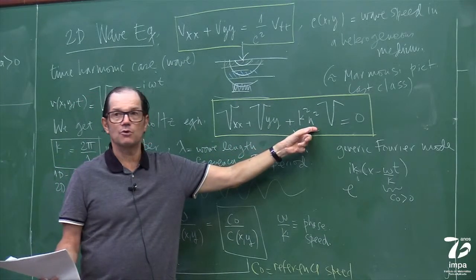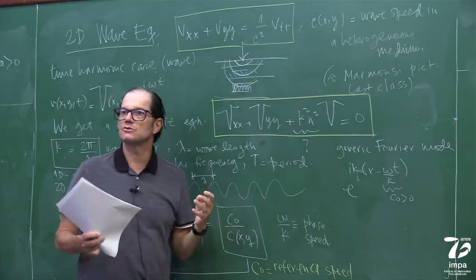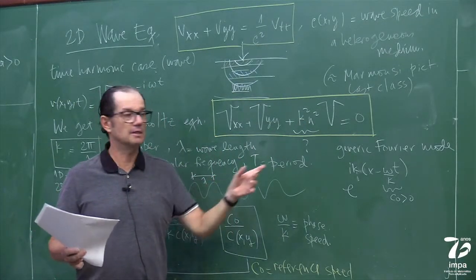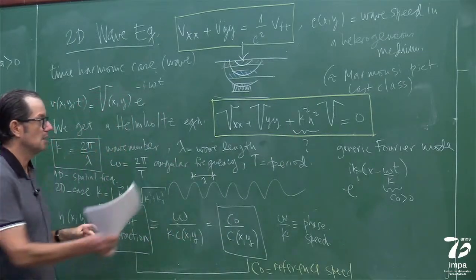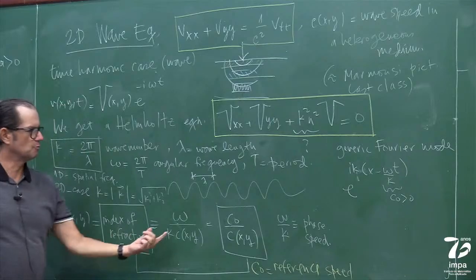This variable coefficient is written like this because it brings our mind to things from optics, index of refraction, and so on. That's all. It's just rewritten this way by manipulating like that.